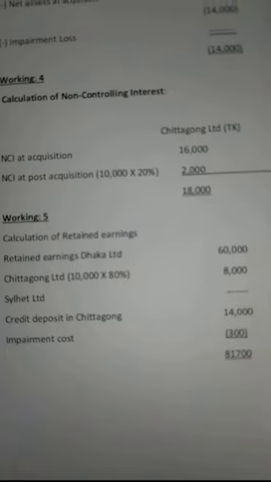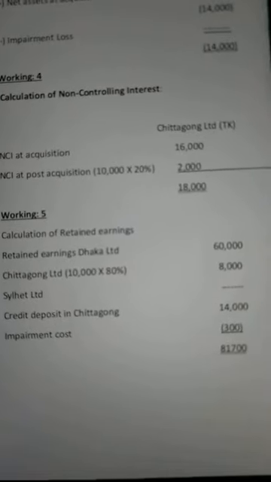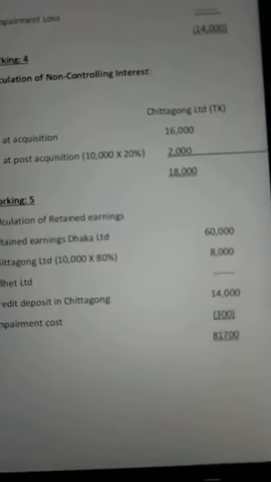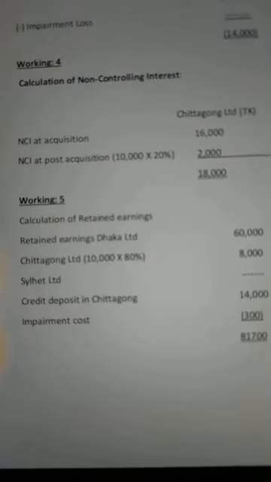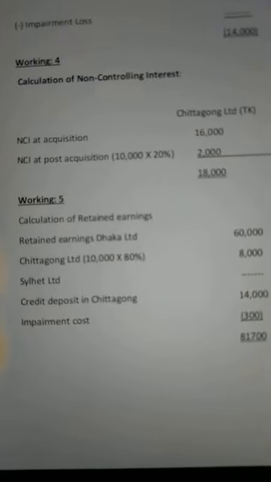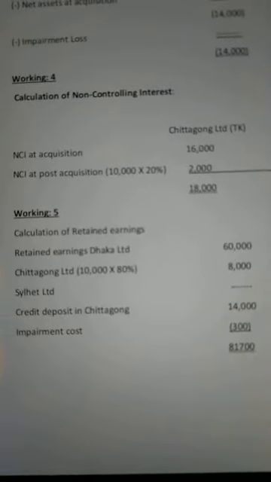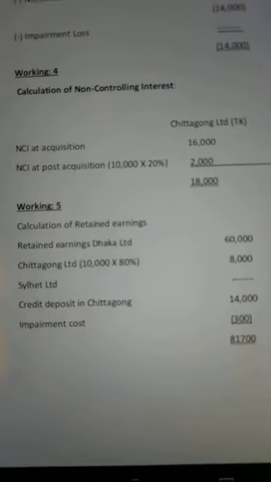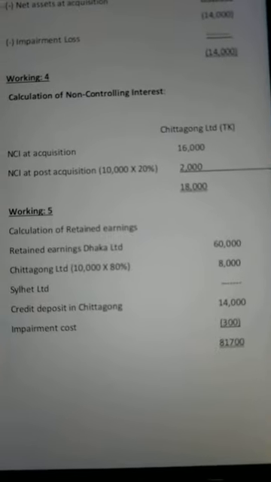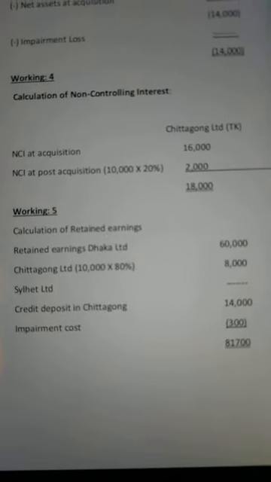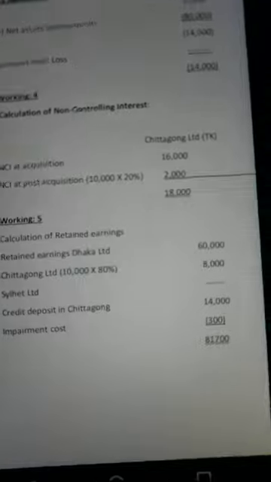The Chittagong Limited has 10,000 of post acquisition, so it's going to be 10,000 into 80%. 8,000 is the Chittagong Limited's post acquisition, which you need to write here. And Sylhet Limited has no post acquisition, so it's going to be nil. And credit deposit in Chittagong is 14,000. So here it is the minus 14,000 that we have.